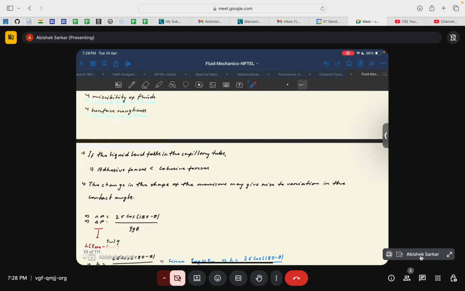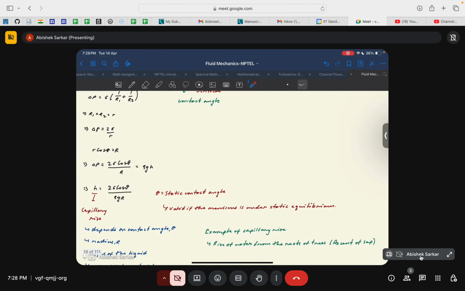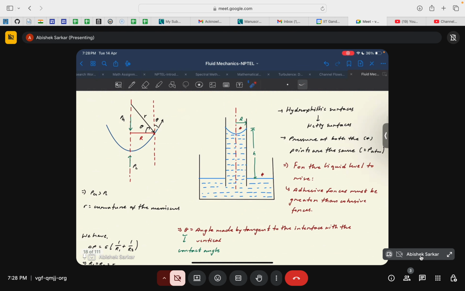Cohesive forces mean the force of attraction between the individual fluid molecules within the fluid, and adhesive forces are the force of attraction between the liquid molecules and the surface it is interacting with. For many fluids the adhesive forces are greater than the cohesive forces, and that's why this kind of meniscus forms, a concave shaped meniscus.